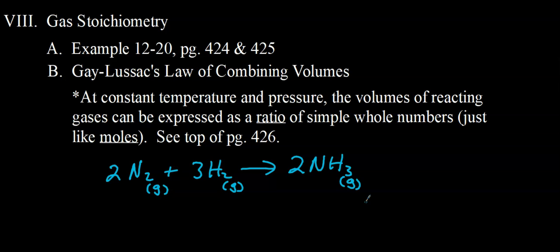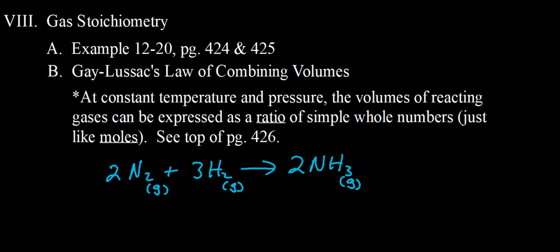And it doesn't have to be liters, so your book uses just relative volumes. But oftentimes we're dealing with the amounts of gases in liters. So I just wanted to take that interpretation of the coefficients in a chemical equation. They represent relative volumes if what you're comparing are gases.